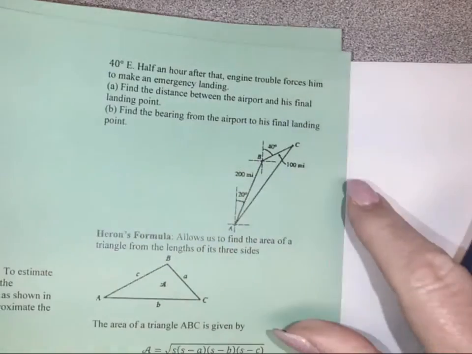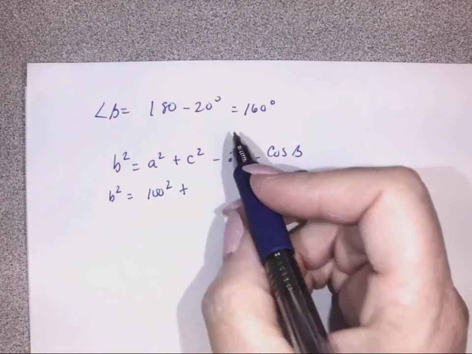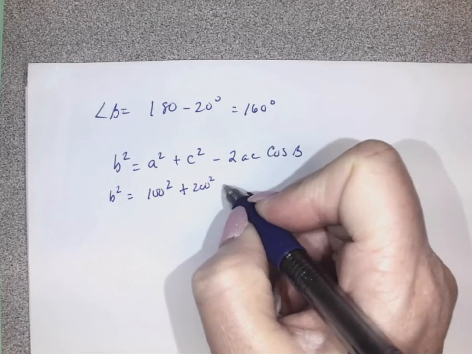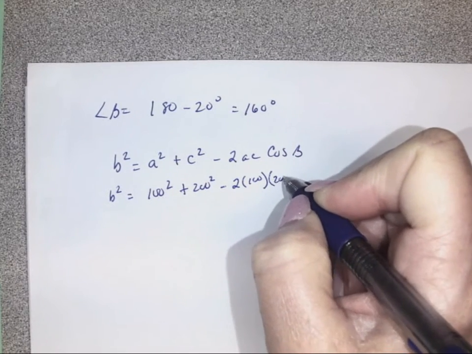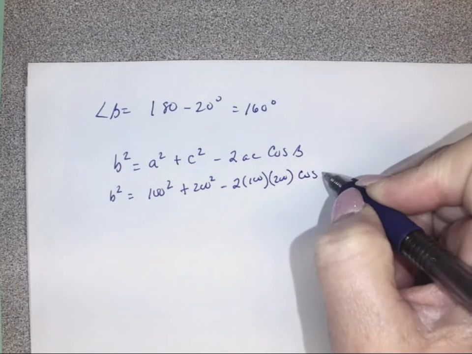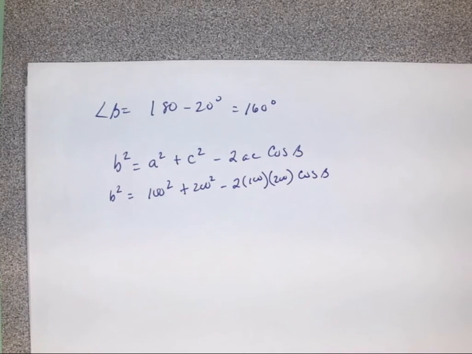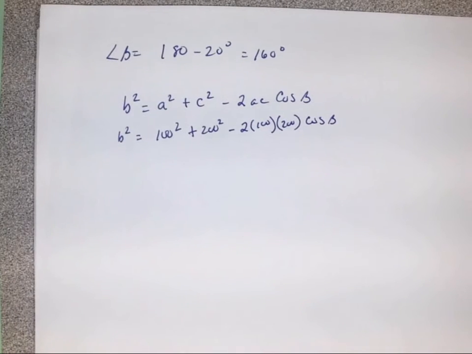C squared, well, across from that was 200, minus 2 times 100 times 200 times the cosine of B. So we're going to do this one the long way instead of using our shortcut we used on the previous problem.